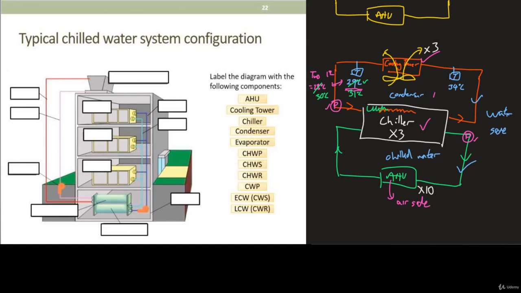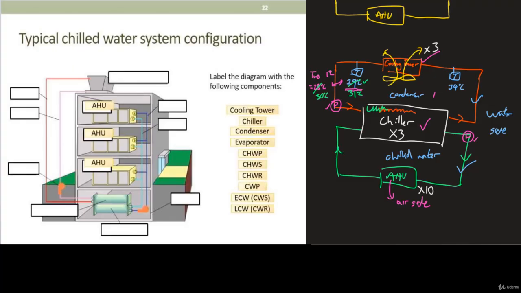So let's look at this diagram and try to label all the terms that we have just learned. All the different kind of components in this air conditioning system configuration. First we have AHU, which are the 3 so-called yellow boxes. Usually one level, you will have one or two AHU.